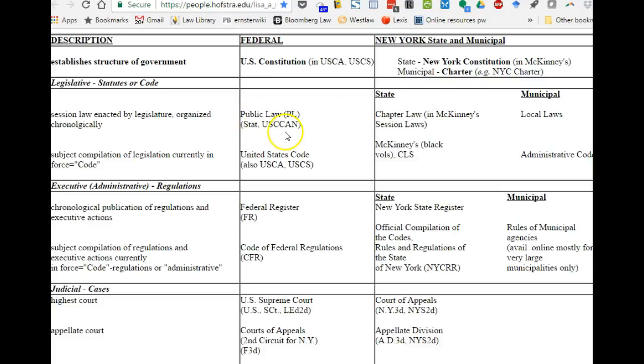Instead of being called public laws or chapter laws, they are called local laws. And here's where it starts to get a little bit confusing, I think, is that these local laws, through, once again, the magic of codification, wind up in something called an administrative code.